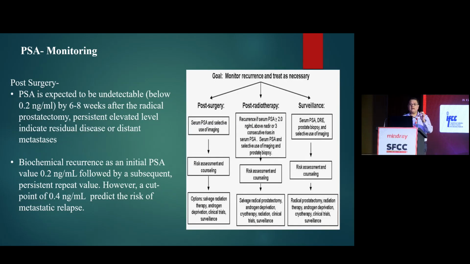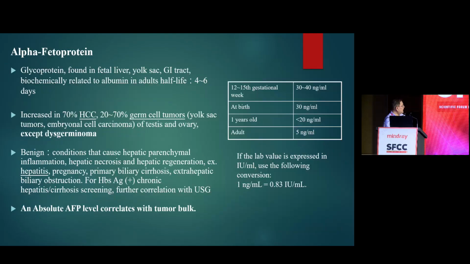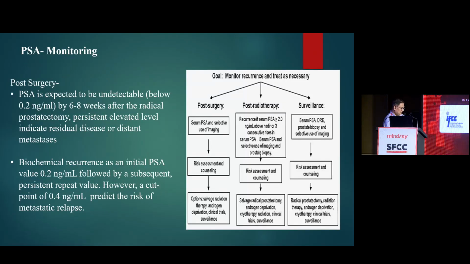The same total PSA can also be used as a monitoring tool in a diagnosed case and after surgery. And here the cutoff I wanted to highlight is 0.2 nanogram per ml.